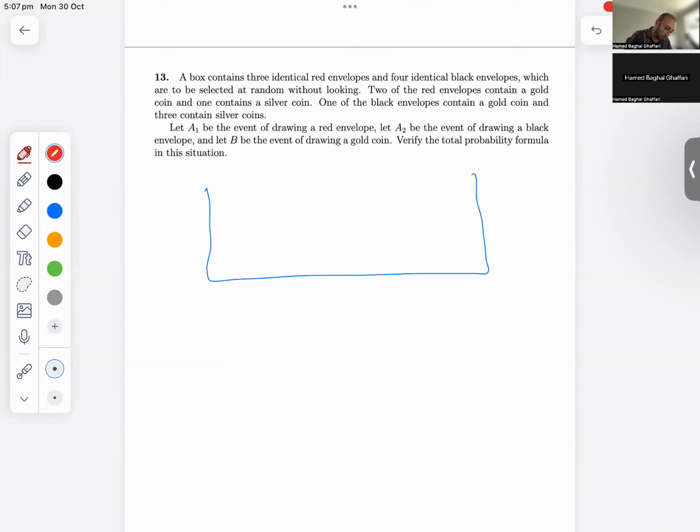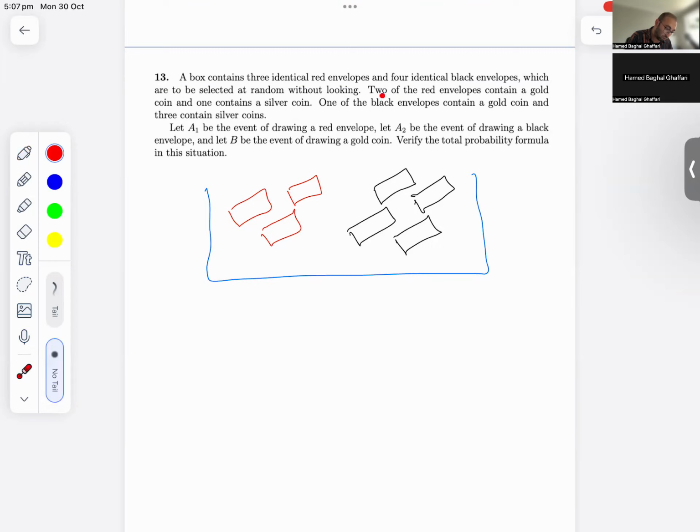So I've got 3 red envelopes and 4 identical black ones. Two of the red envelopes contain a gold coin, and the other one contains a silver coin.